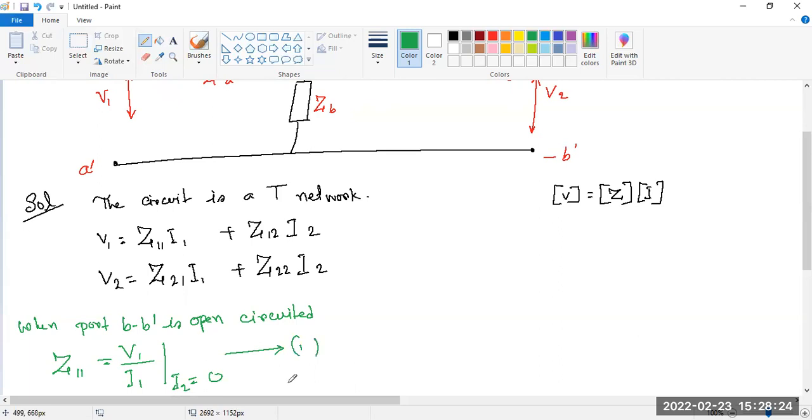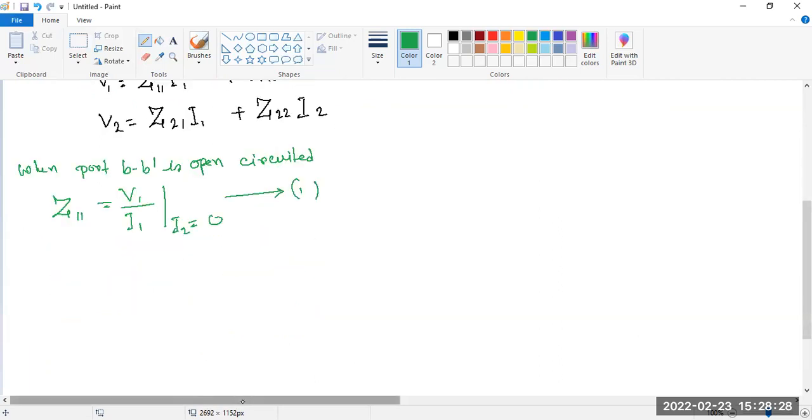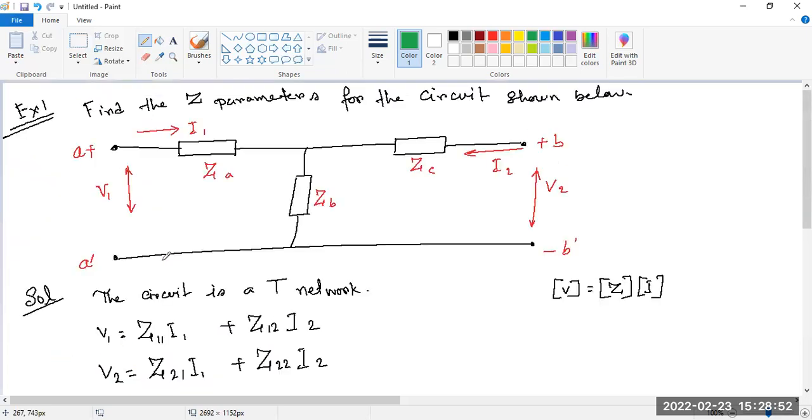We say this is equation 1. Or if I form this in another form, V1 equals Z11 into I1. This is our first equation.